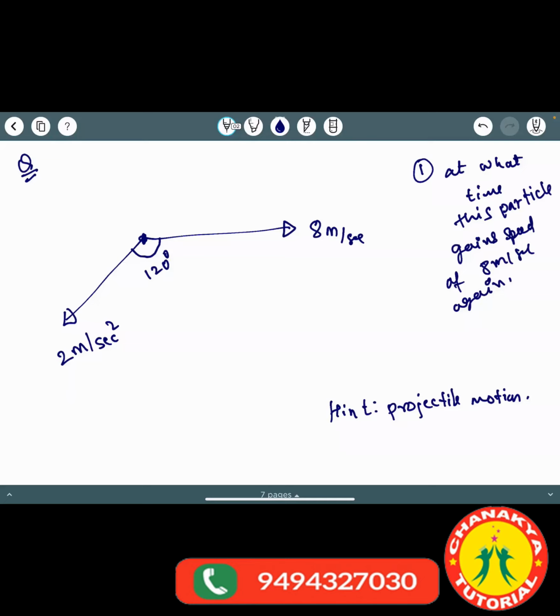So is it 6 seconds? Close but not correct. What did you do? Who told the answer? Shreyata or Samhita? Samhita, sir. What did you do? Sir, I did the resultant for. This is acceleration. What resultant you did? This is velocity.